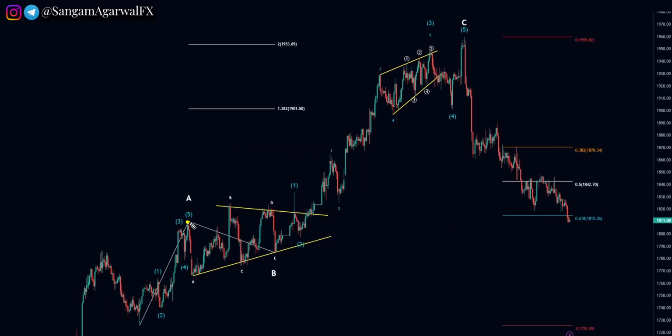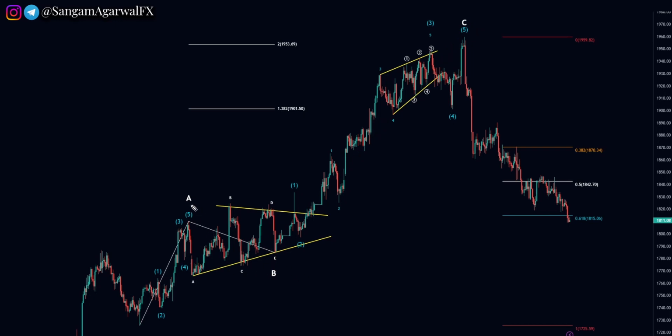Since wave A starts here and wave B ends here, this entire price action is your correction, and this was your triangle chart pattern correction. Wave A, B, C, D, E, and where wave E ends, your corrective wave B also ends, and your next wave C starts.